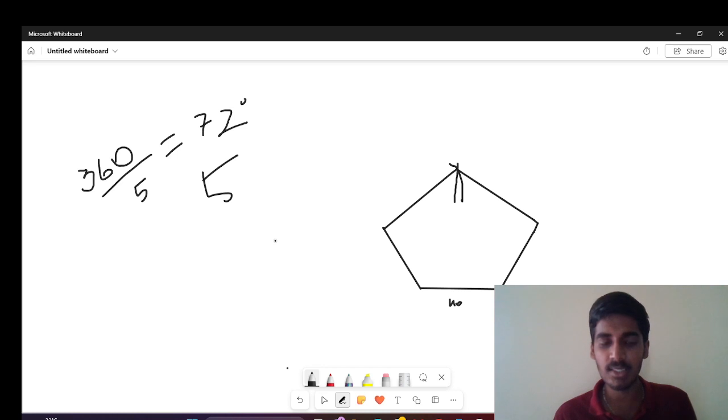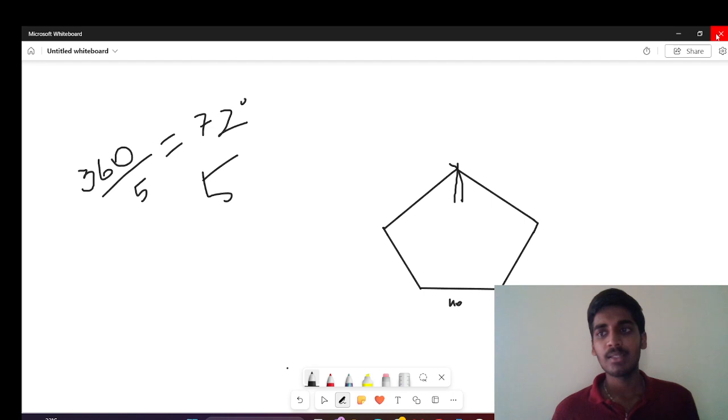If a hexagon is asked, you should do 360 by 6, then you will get 60 degrees. Here 60 degrees, here 60 degrees, you will calculate, take the given length and draw in the same way. In the same way, for the pentagon you do the same thing. Draw a pentagon through the angle method. This is the answer.